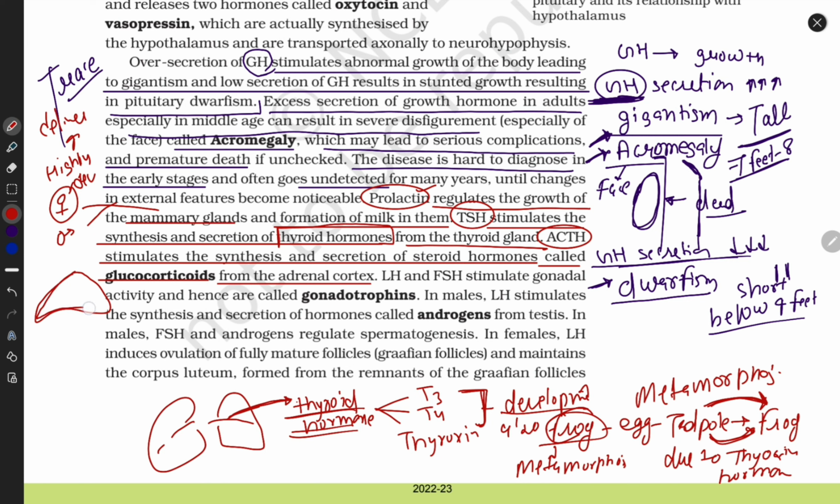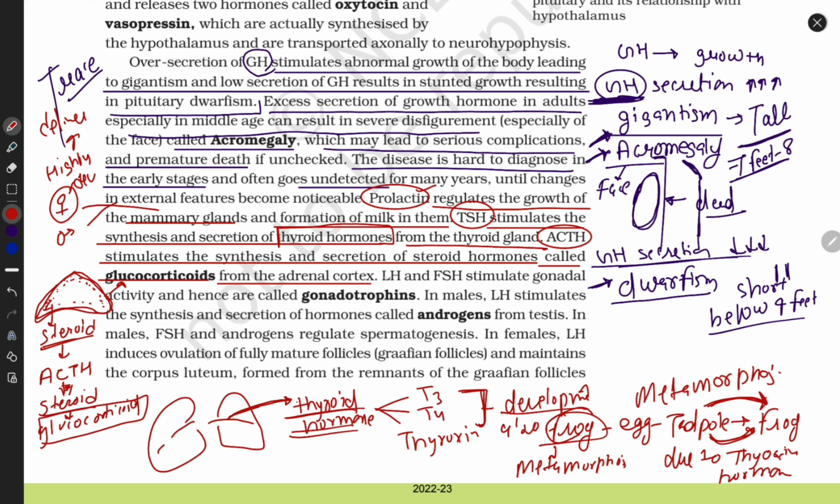The adrenal gland's cortex region, the outer region, produces such kind of steroids. The steroid's name is glucocorticoid. ACTH releases steroid, and the steroid hormone name is glucocorticoid. Alright, guys, this is a fear-fight hormone.